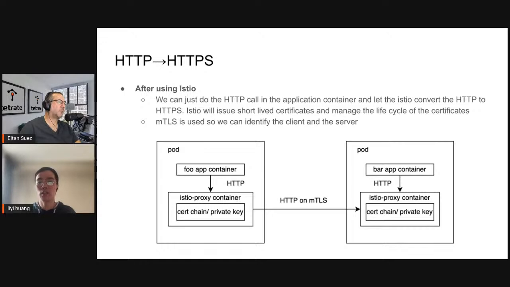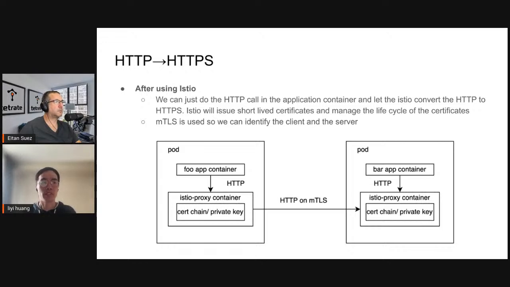And then on the other side, bar's Istio proxy is going to receive this HTTPS call, decrypt it, and give the HTTP call to your bar application container. From that perspective, foo and bar are just doing the HTTP call. It's pretty easy.